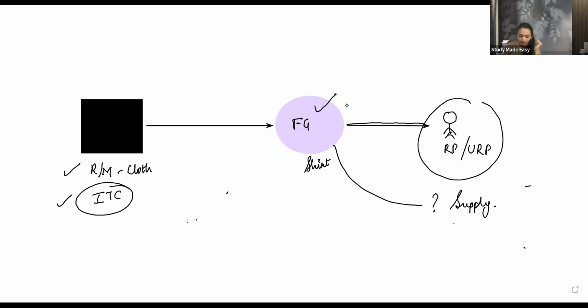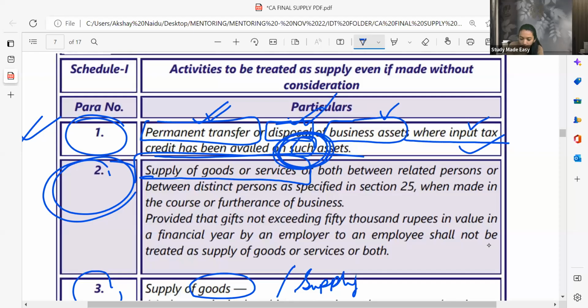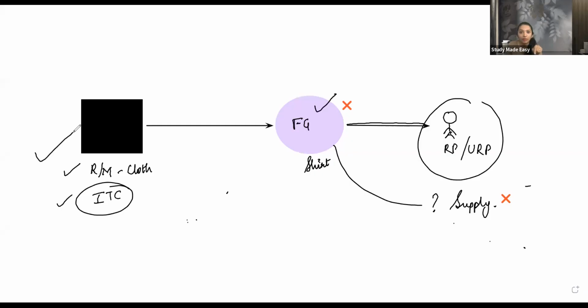No, it is not a supply. Why? I was telling you again and again that this is important: ITC should be availed on such asset. Here in my example, I claimed ITC on raw material, but what I am transferring permanently is not raw material, it is finished goods. So it is not a supply.